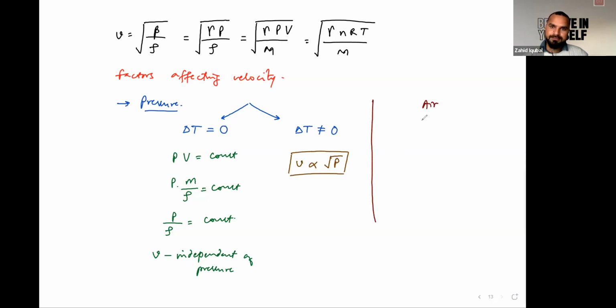Suppose for air, moist air and dry air, the density of dry air is more as compared to the density of moist air, and according to the formula, velocity is inversely proportional to density. So we can say velocity of sound in moist air will be greater than velocity of sound in dry air.